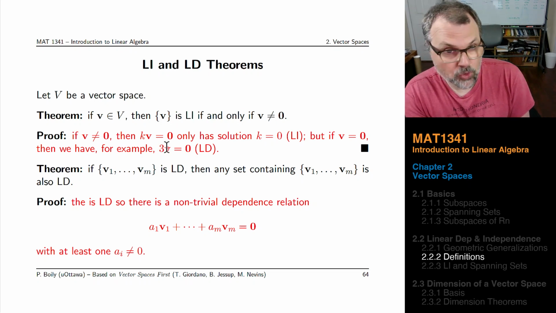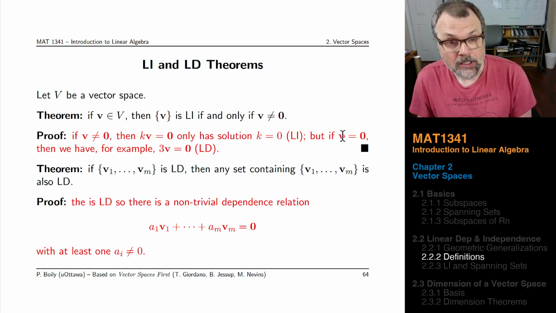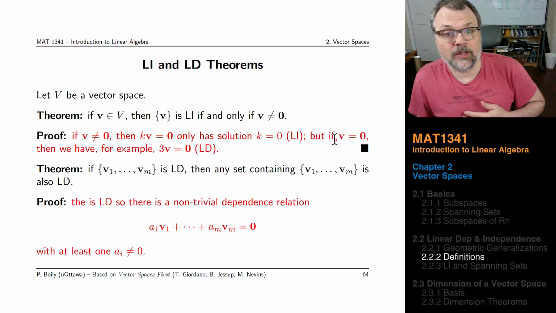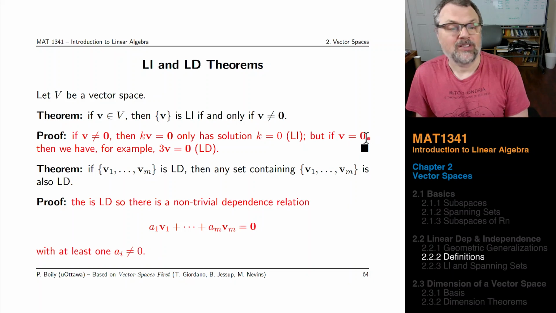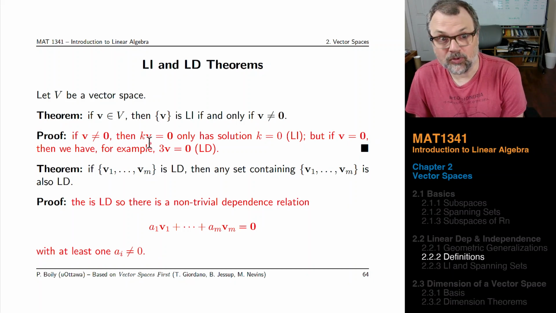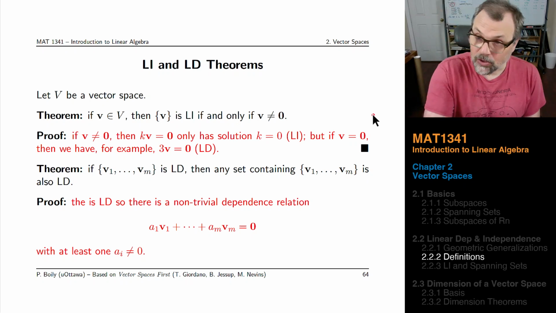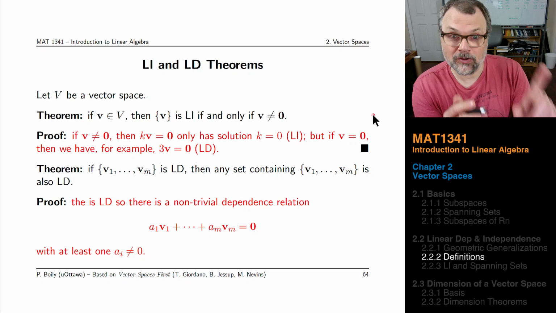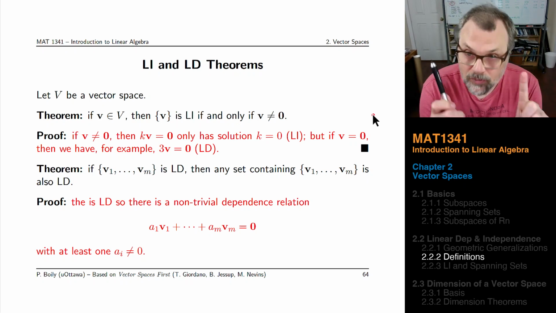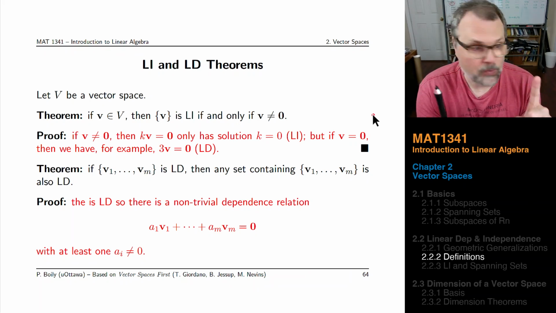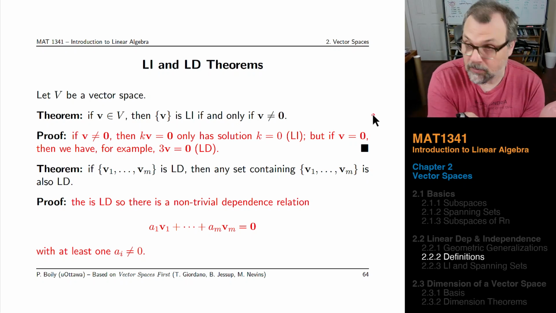I spent more time than I wanted to on this proof only because I explained to you why there's two things we're proving, first of all, and why we prove the second implication using the contrapositive. It's a very easy theorem to prove, but you need to know what it means to prove things. So make sure you understand that in an if and only if statement, which we also call a biconditional statement, you have two implications to prove. And when you try to prove an implication, you can go and prove it directly, which is what we did for one of them.